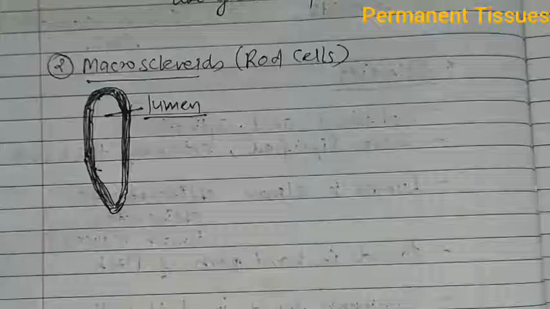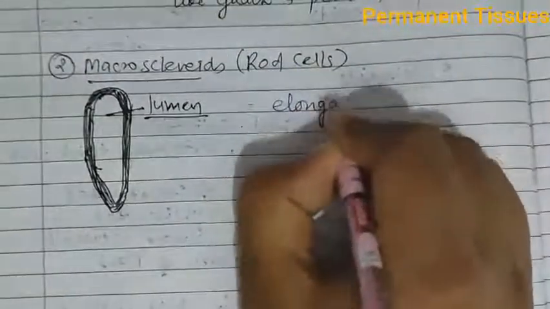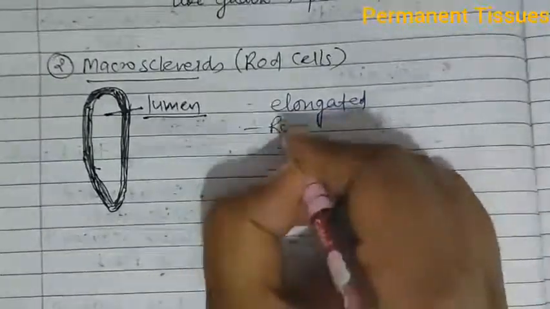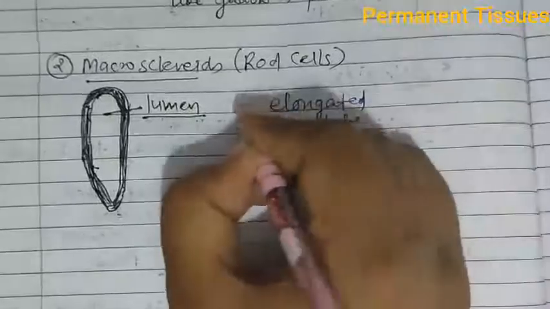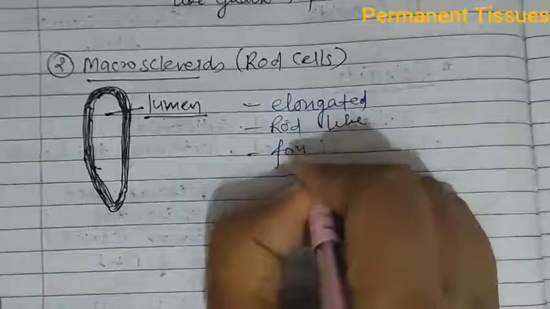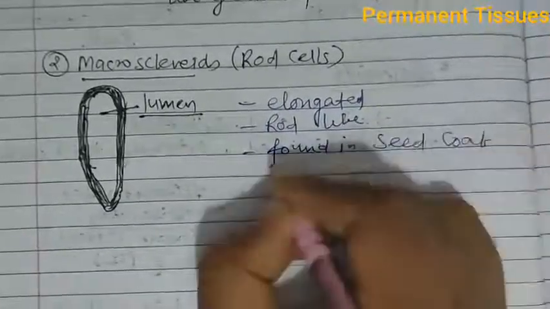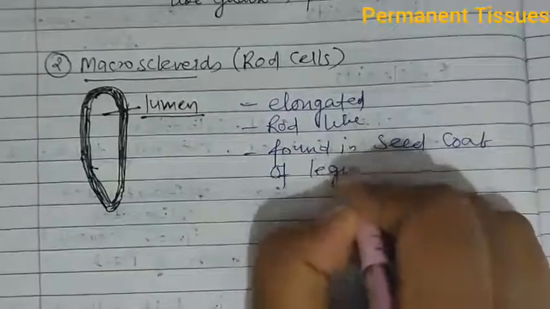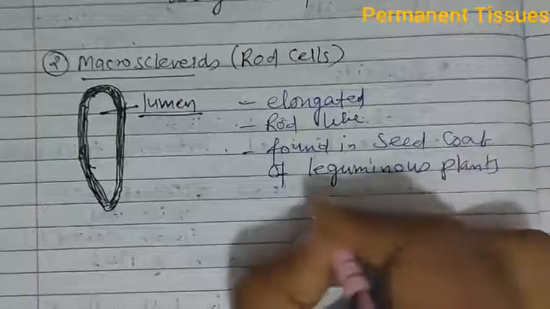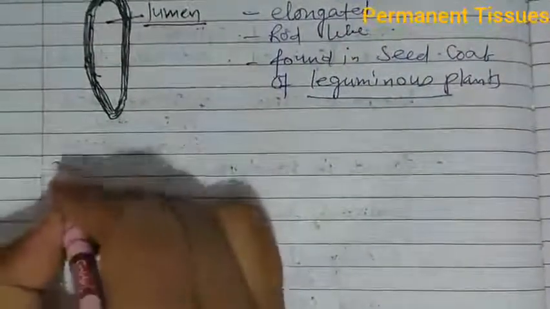They are elongated, rod-like cells found in the seed coat of leguminous plants.